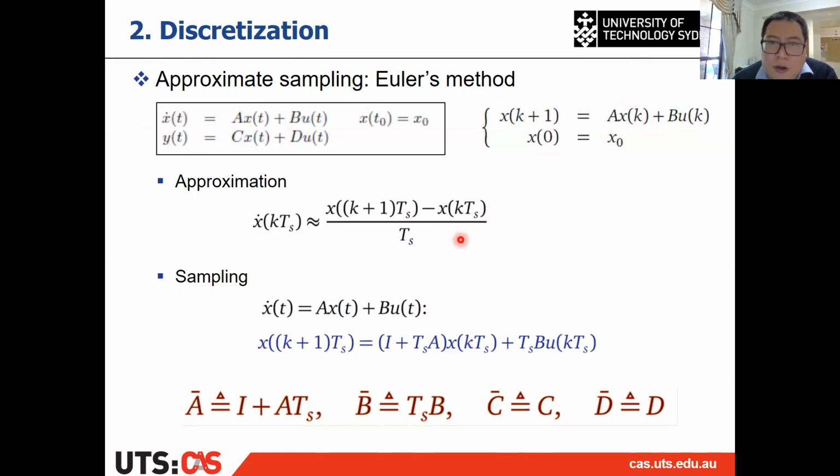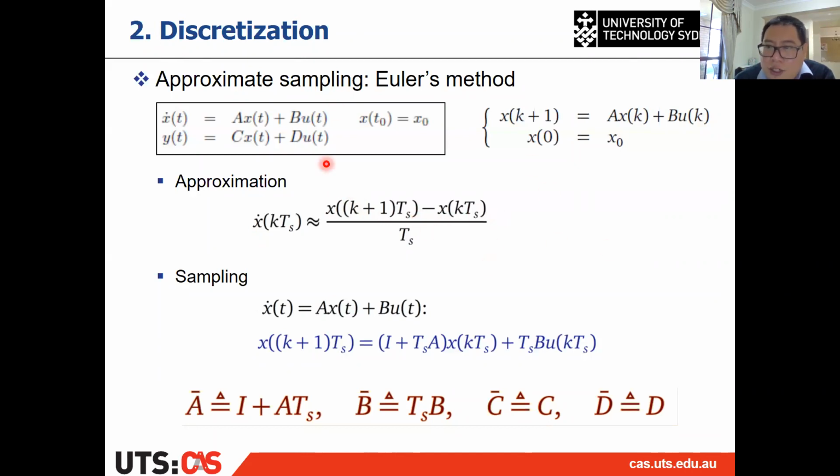And what we can do for Euler's method is use the definition of the derivative. So the derivative of x with respect to time, which is x dot, is equal to the limit as ts goes to 0 of xk plus 1 minus xk divided by ts.